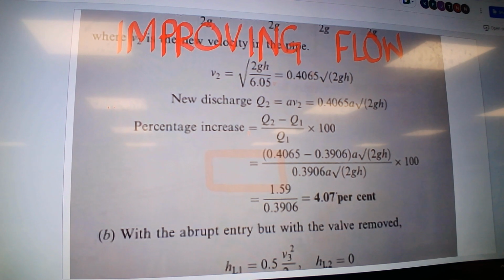To find the percentage increase of the discharge, it's Q2 minus Q1 over Q1 multiplied by 100%. So you can put the values in. Now these 2GH and the A cancel. So you can just take the other values, and that will give you a percentage of 0.47.